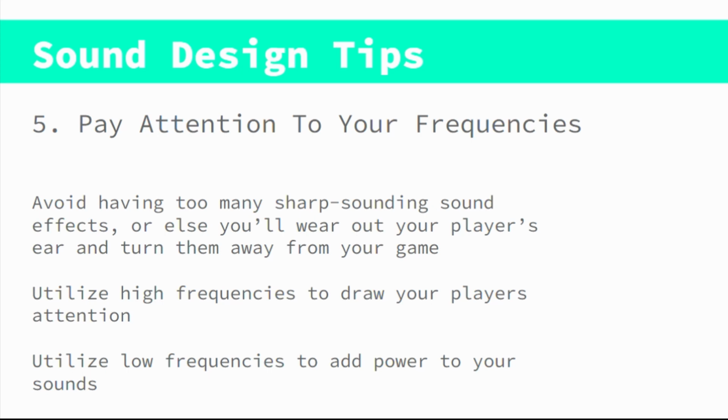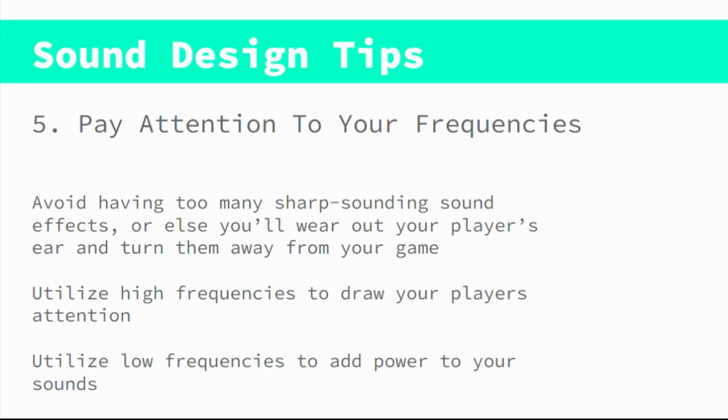Another thing you should keep in mind when designing sounds for your game is the frequencies of the sounds you're using. You want to avoid having lots of sharp sounding sound effects in your game, as you'll wear out the player's ears the more that they hear them. This makes it less enjoyable for them to play the game, meaning they'll either turn sound effects off or just completely close out of your game.